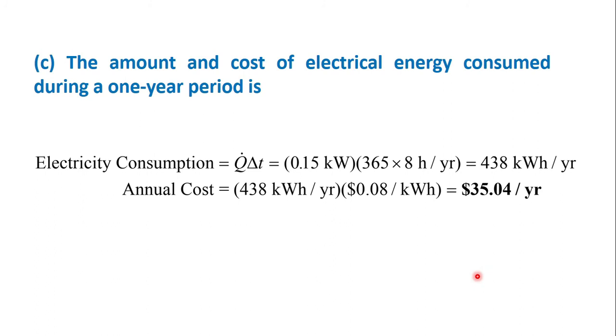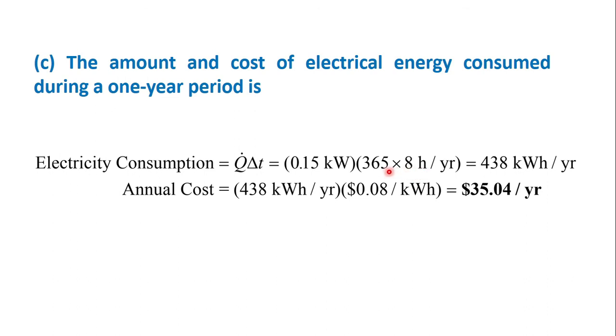So the third thing is you have to determine the amount and the cost of electricity consumed during a 1 year period. The total amount consumed in 1 year can be calculated by multiplying the rate of heat transfer, which is 150 watt or 0.15 kilowatt, by the 8 hours a day the bulb is on.